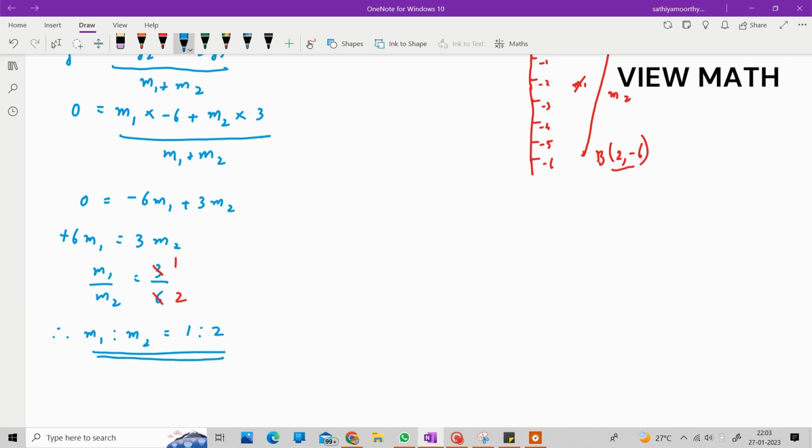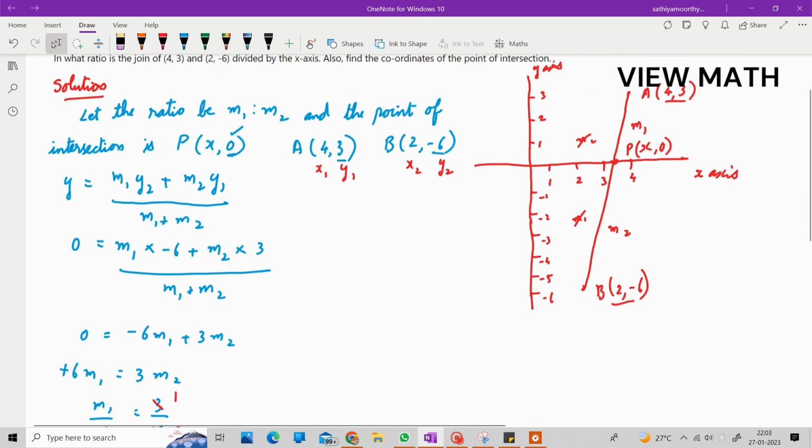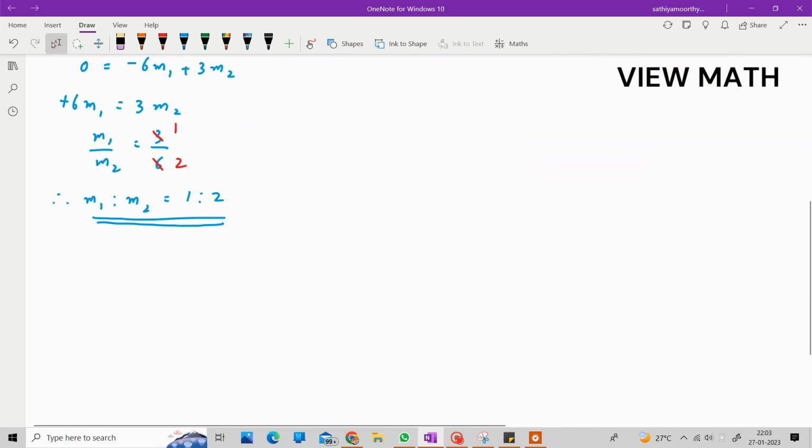Next, they are asking us to find the point of intersection. The y coordinate we know, so the x coordinate we need to find out. So let me take the section formula for x. x is equal to (m1 x2 plus m2 x1) by (m1 plus m2).